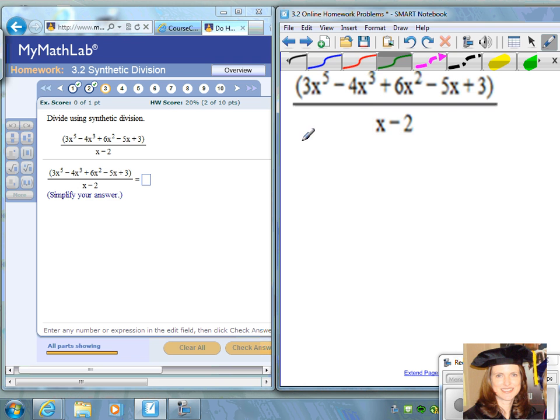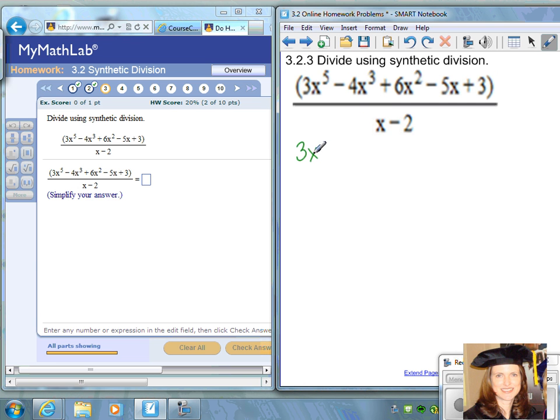But I noticed right away that this problem, 3x to the fifth, was missing an x to the fourth power. So that's the same thing as plus 0x to the fourth power. When we set up the synthetic division, we're going to have to put a 0 in the setup. Minus 4x to the third plus 6x squared minus 5x plus 3, all of that divided by x minus 2.